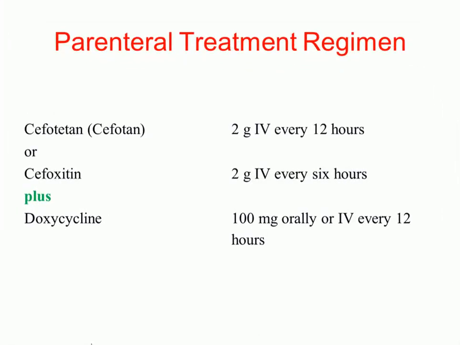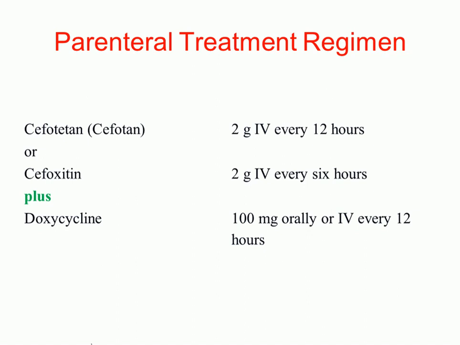Okay, this is an example of a parenteral treatment regimen. Cefotetan 2 gram IV every 12 hours till 24 to 48 hours after relief of the symptoms. Then continue with an oral regimen.